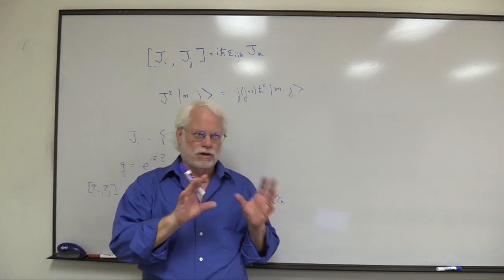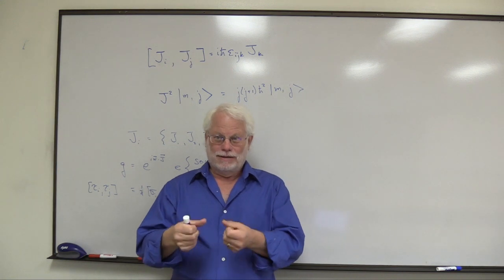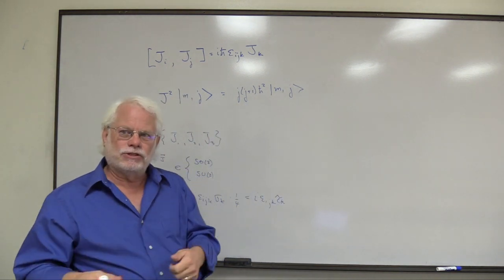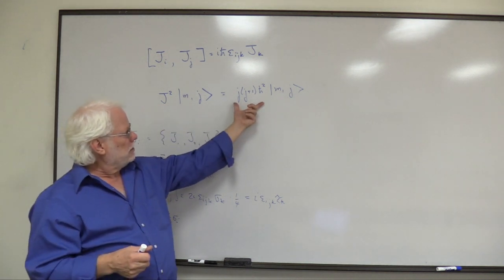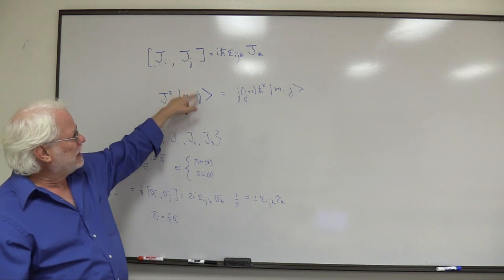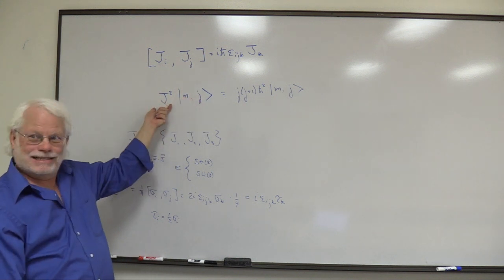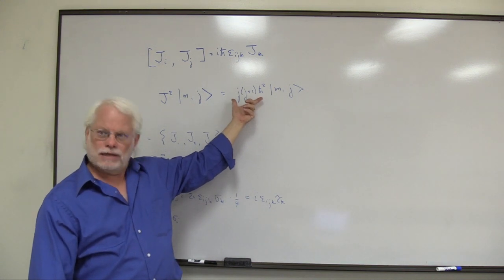Acting with the Poincare group won't change the eigenvalues of those two operators, and we're going to label states by j, where the eigenvalues of J squared are given by j(j+1) ħ squared.